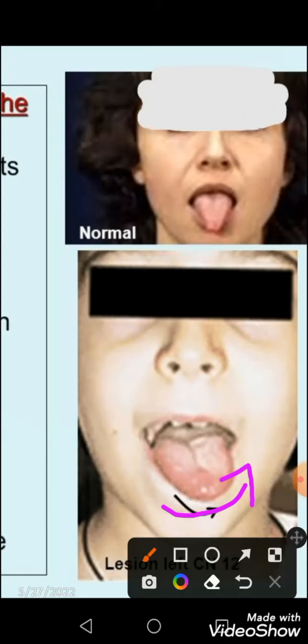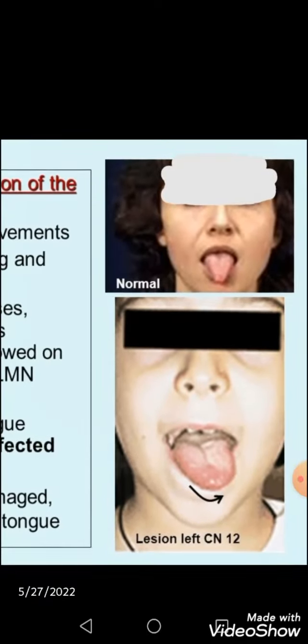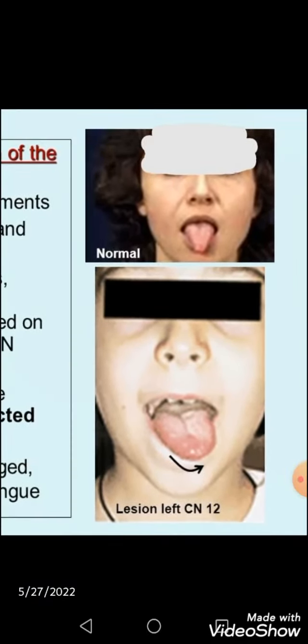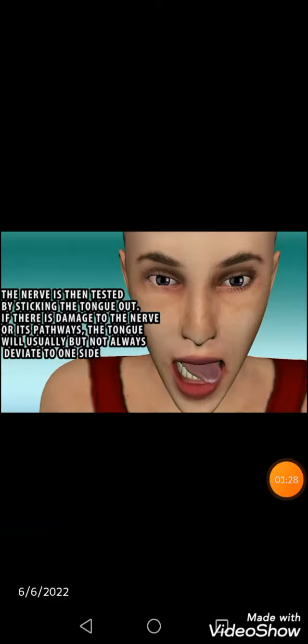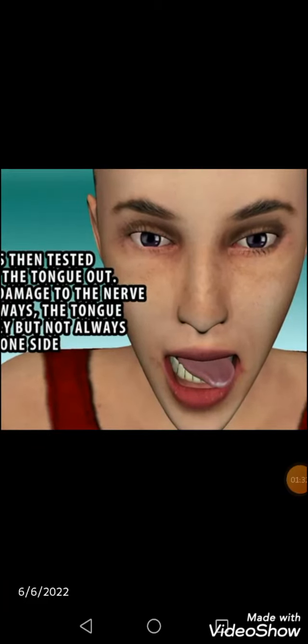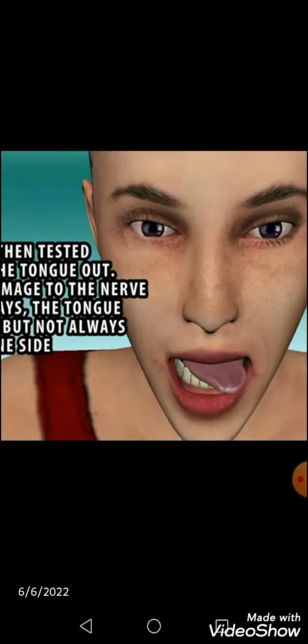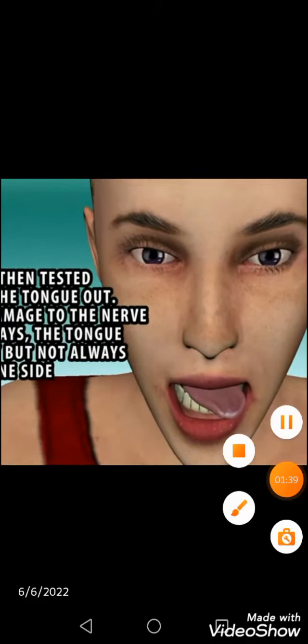But of course, if there is a supranuclear lesion, your tongue deviates towards the opposite or healthy side, and in this case paralysis occurs but without the wasting of the tongue, right? Another good picture shows that whenever there is an infranuclear lesion, your tongue deviates towards the paralyzed side, right?